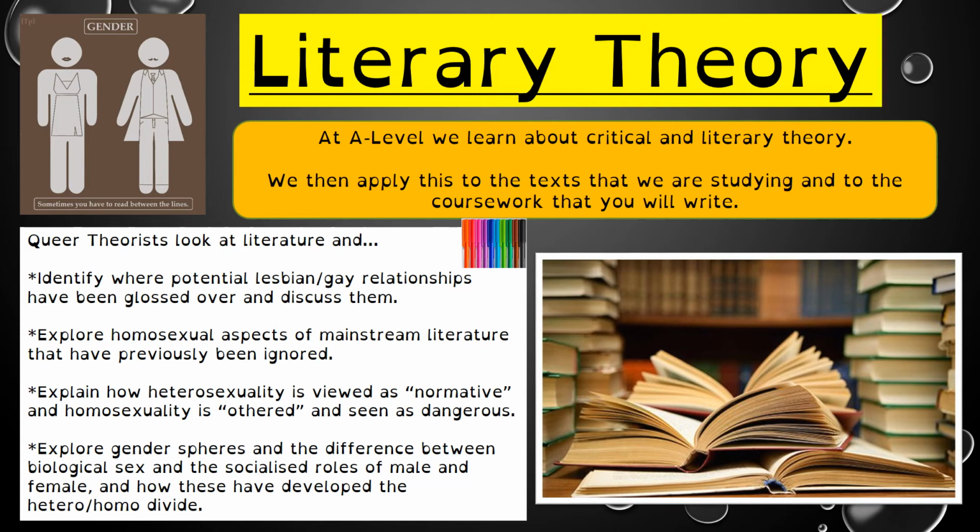And a queer theorist might take this text and say that actually Hyde, the other side to Jekyll, is actually Jekyll's hidden homosexual side. And so by releasing him, he allows him to go out and to indulge in these activities. And you might sit there and think, well, there's no evidence of that. Well, perhaps a queer theorist would be able to find things for it.